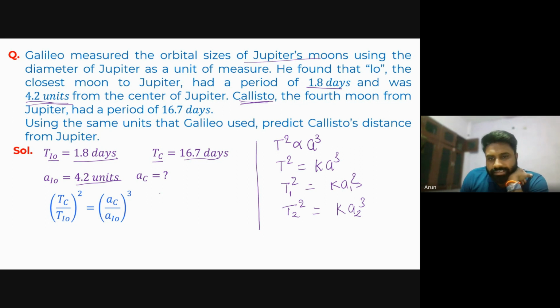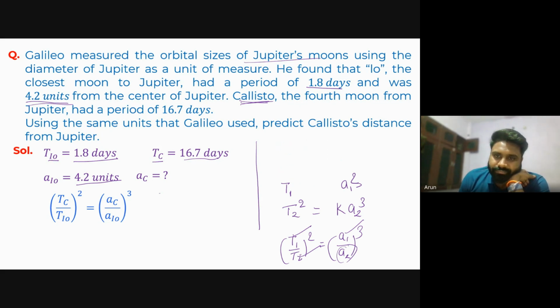Now, if you take the ratio, T1 by T2 whole square is equal to A1 by A2 whole cube. The same thing we did here. Now you know the value of T1, T2 and A1, so you can find the value of A2. It's just the calculation that we need.